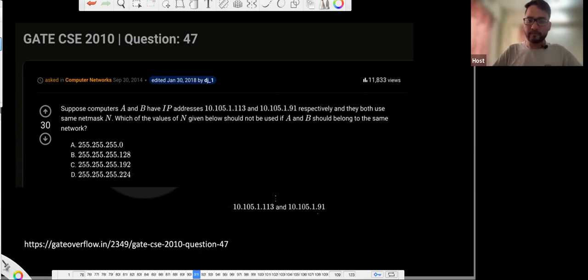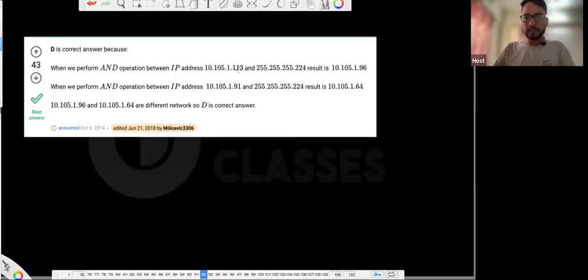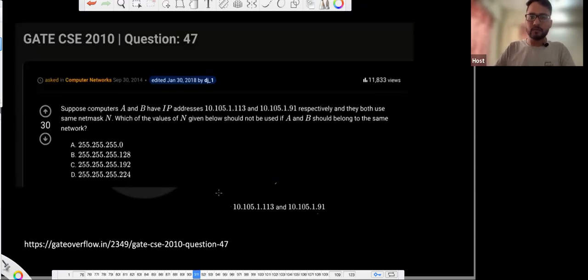So see here, you can have the 113 representation. This 113 will be 64. Can anyone quickly tell me the 113 representation?